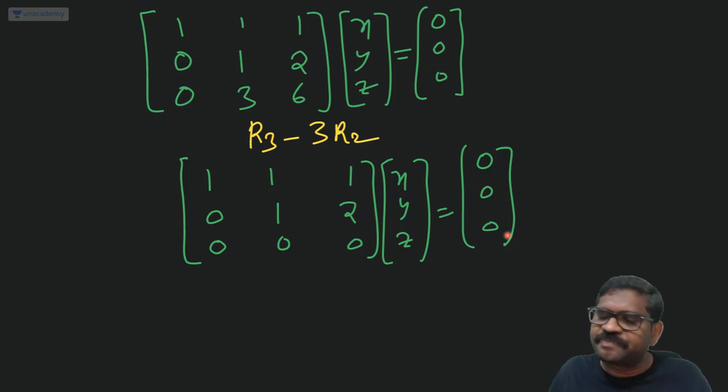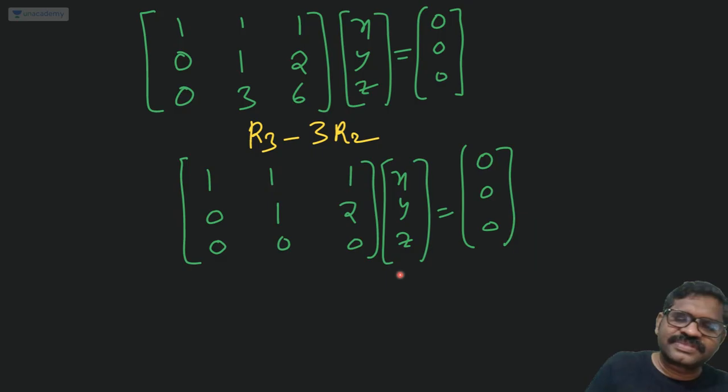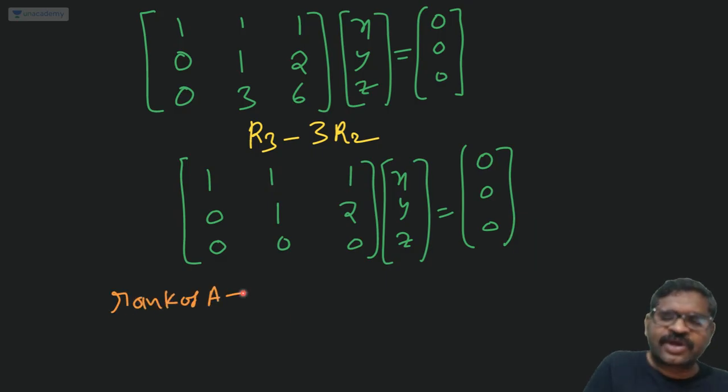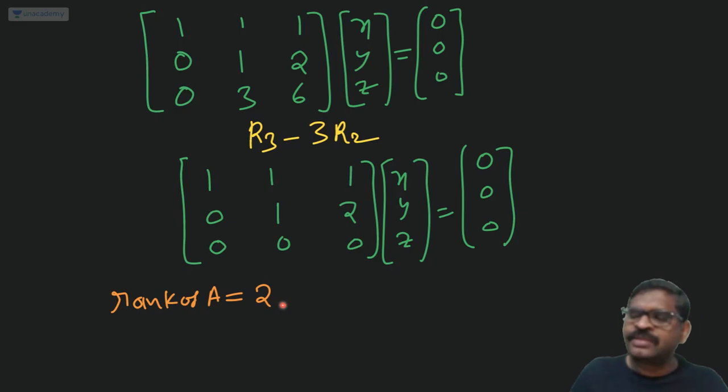Observe here, what is the rank? Rank of A is 2. Number of variables is 3.